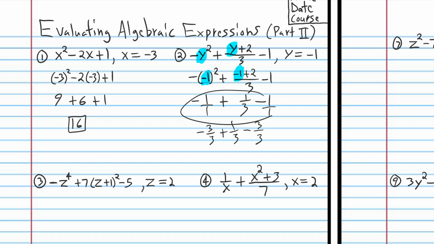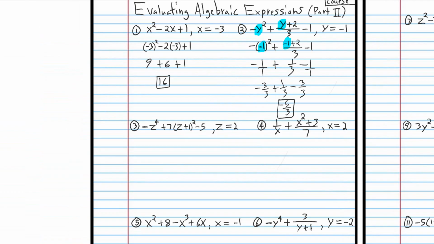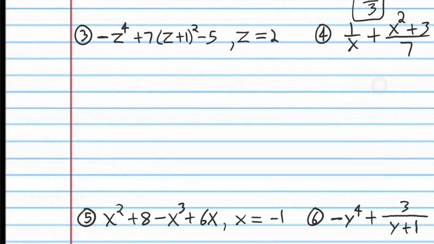If you can do this in your head, that's fine. Negative 3/3 plus 1/3 is negative 2/3. Negative 2/3 minus 3/3 is negative 5/3. But again, you can do that in your head if you feel comfortable. Let me just double check that. That looks correct.